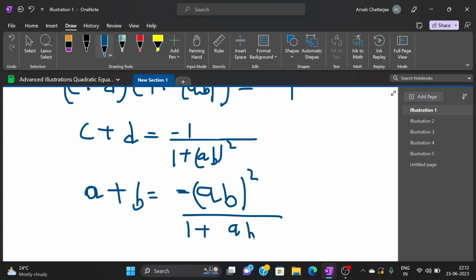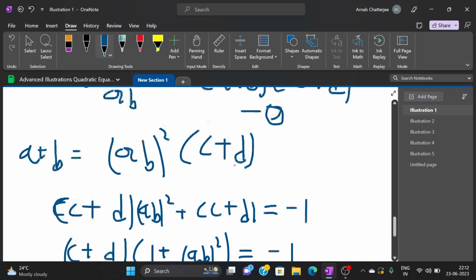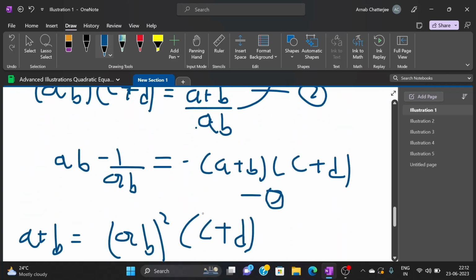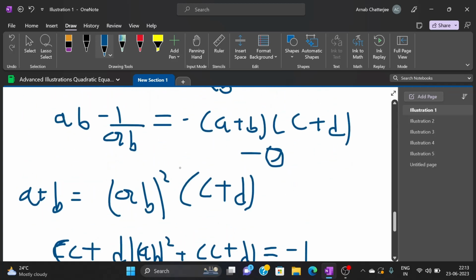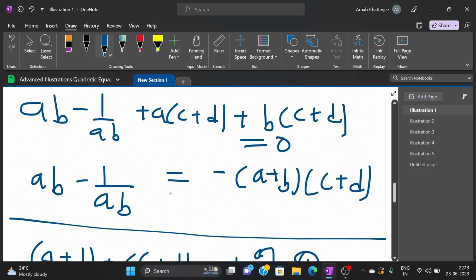Now everything is sorted, everything is perfect. I have got A plus B and C plus D in terms of AB, and life is beautiful now. Why? Because I just need to substitute A plus B and C plus D in my third equation, and that will not be a difficult task at all, right?